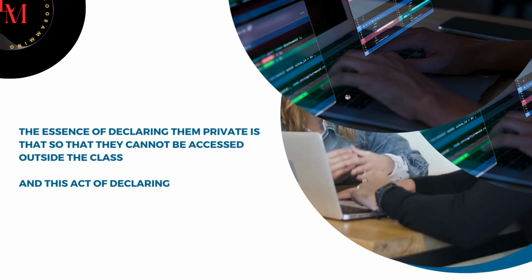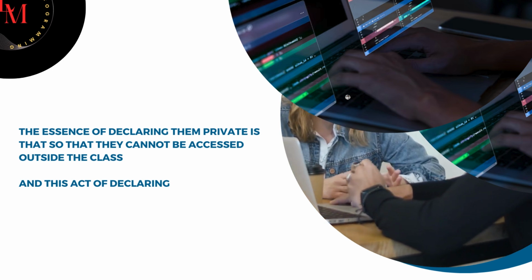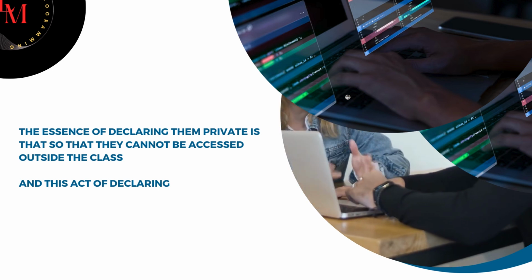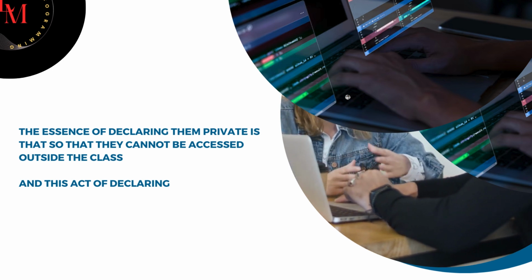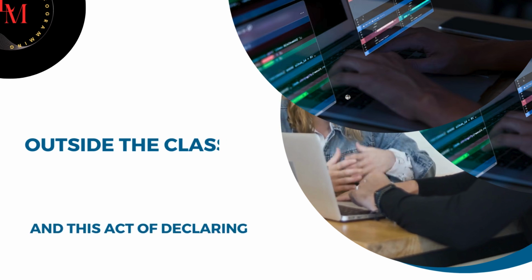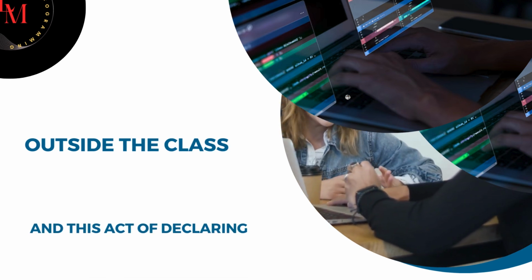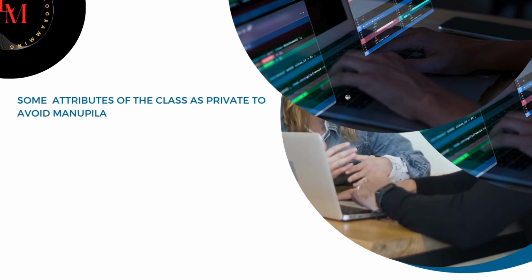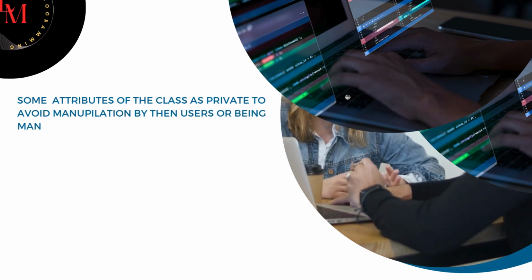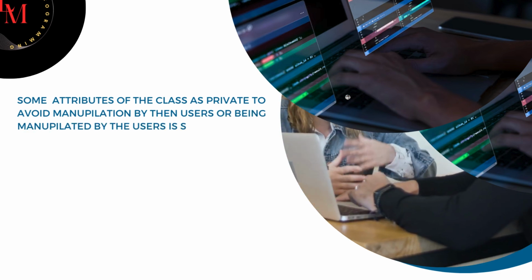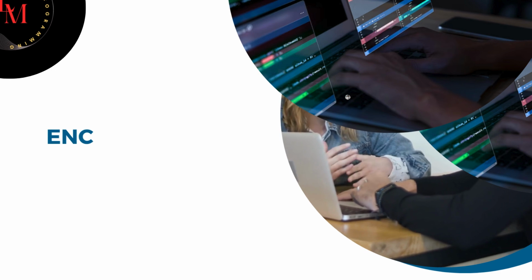The essence of declaring them as private is so that these attributes cannot be accessed or manipulated outside the class. And this act of declaring some attributes of the class as private, to avoid manipulation by the users, is called encapsulation.